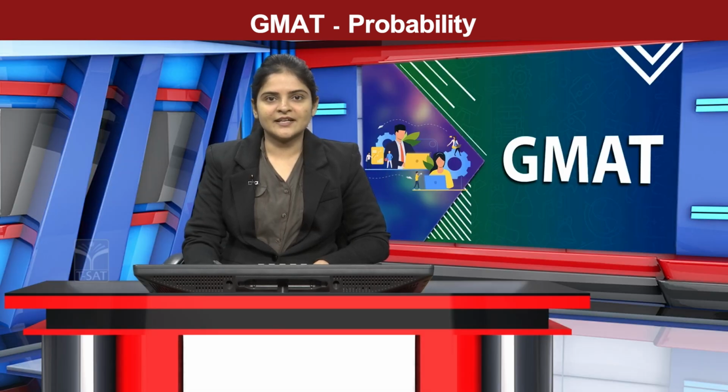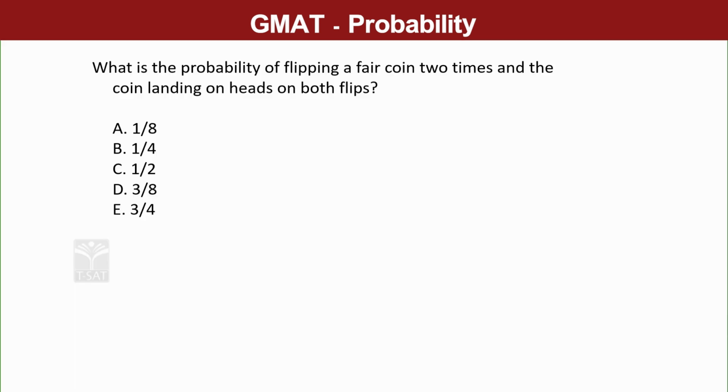Let's see the next question. What is the probability of flipping a fair coin 2 times and the coin landing on heads on both flips? A fair coin means it has equal probability of landing on heads or tails. That's why the probability of heads is equal to half and the probability of tails is equal to half as well.